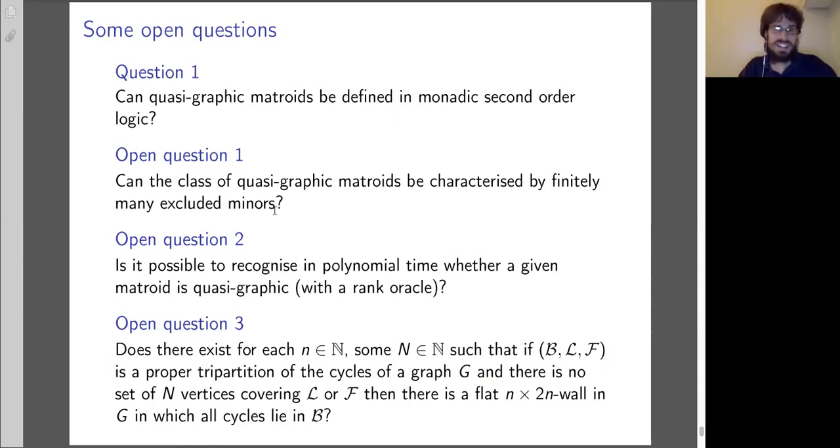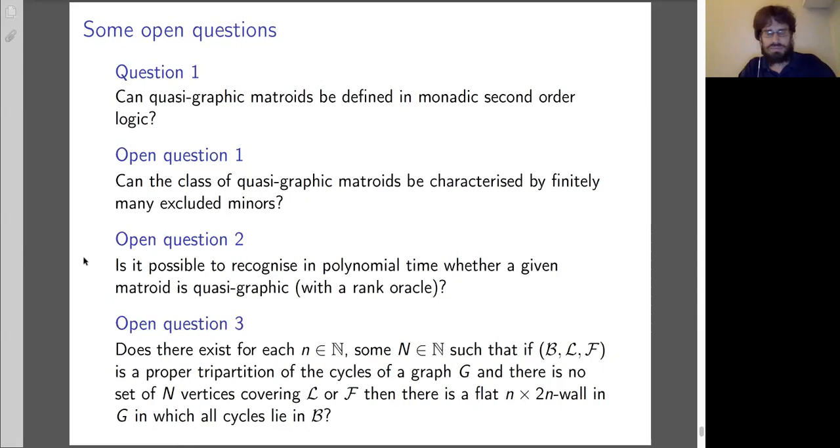And then we can also ask whether the quasi-graphic matroids are nice in the sense that Geelen, Gerards, and Whittle were hoping. That is, can they be characterized by finitely many excluded minors? And is it possible to recognize in polynomial time, if you have a rank oracle, whether a matroid is quasi-graphic?